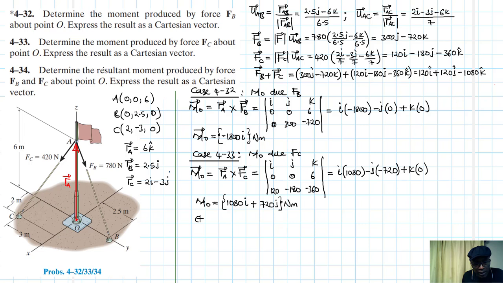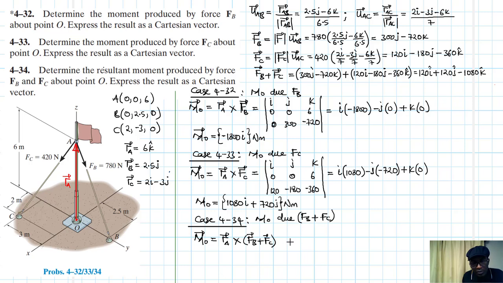Okay, then finally case 4-34. This one is moment due to FB plus FC, right? All right. So we have moment vector. This is going to be equal to RA cross FB plus FC.